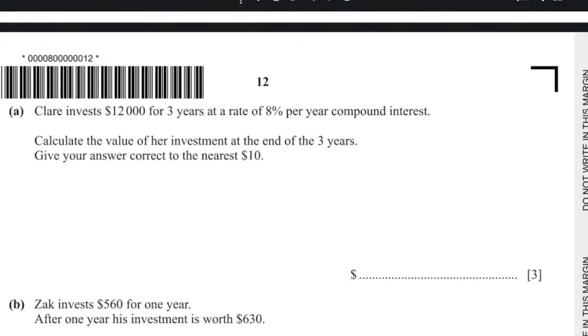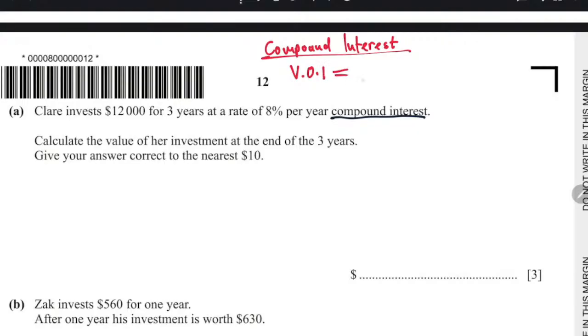Get those marks, okay? When you see the word compound interest, I want you to quickly write value of investment. When you are dealing with compound interest, you go below and you write value of investment.